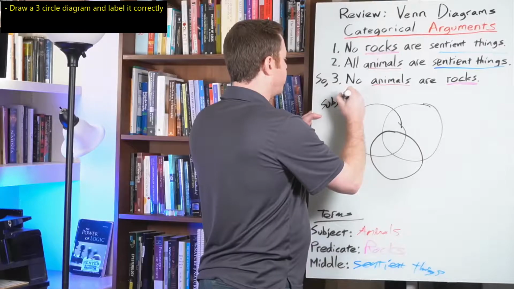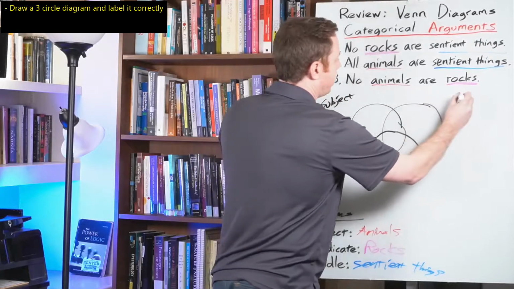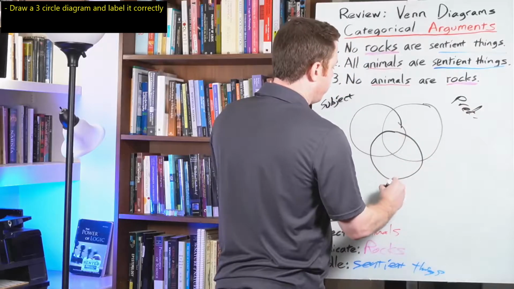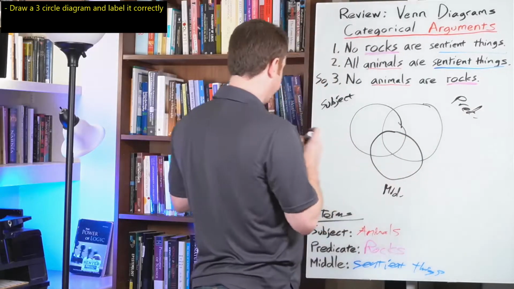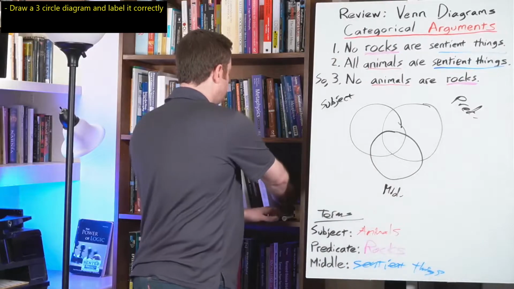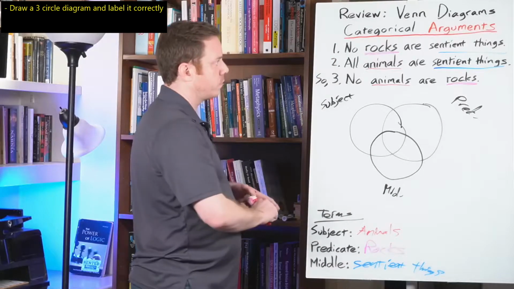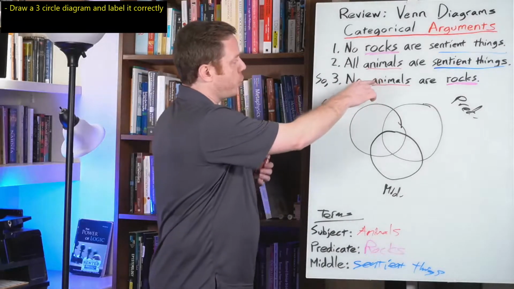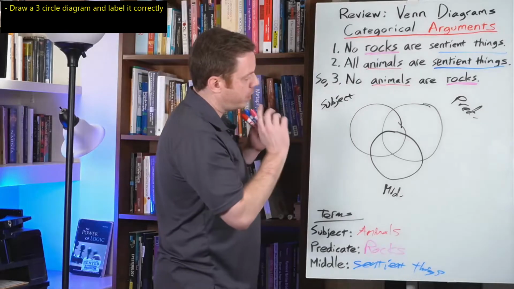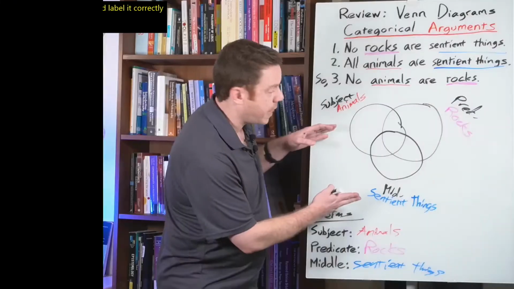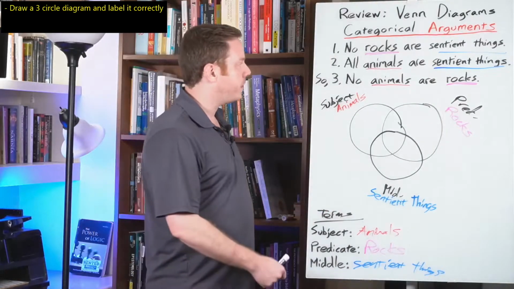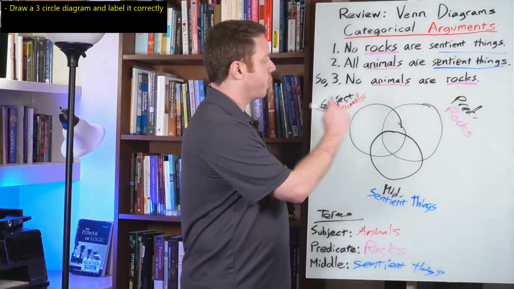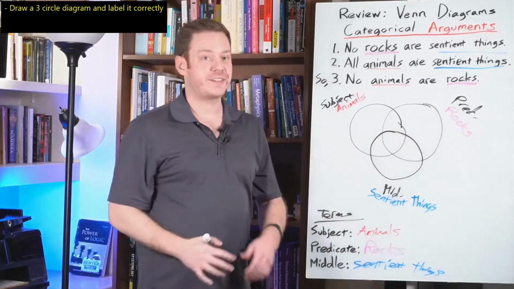So we have our subject term and predicate term circles, and the middle one is going to be this one. And to make things even clearer, let's now add the specific terms from our example in color to the circles. All right, so we've done the first thing on the list. We have drawn our circles and labeled them correctly.